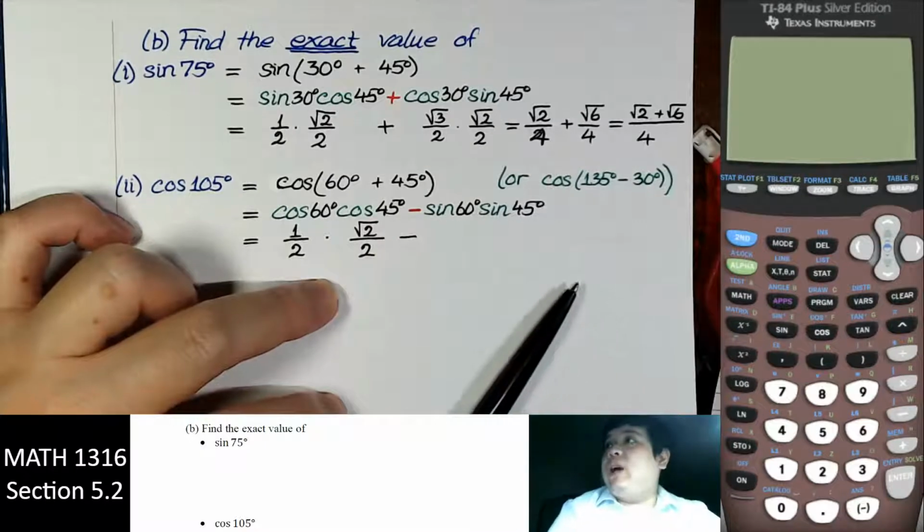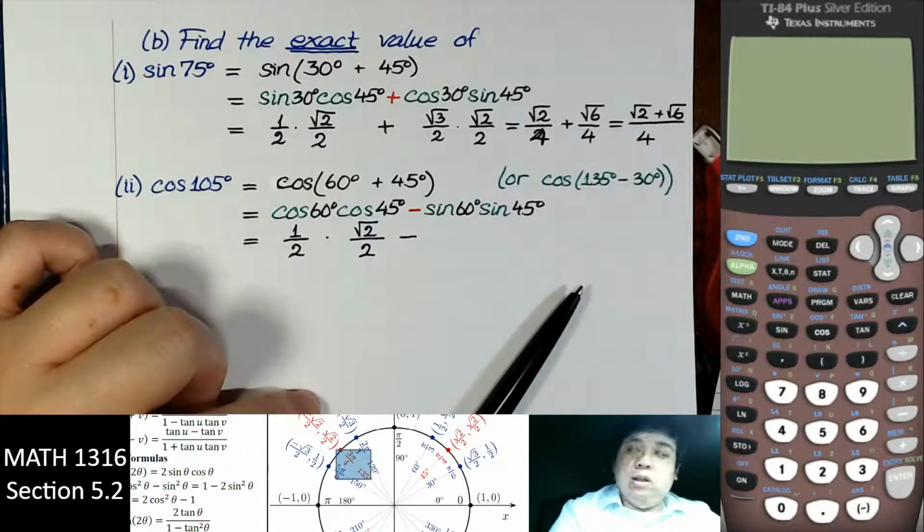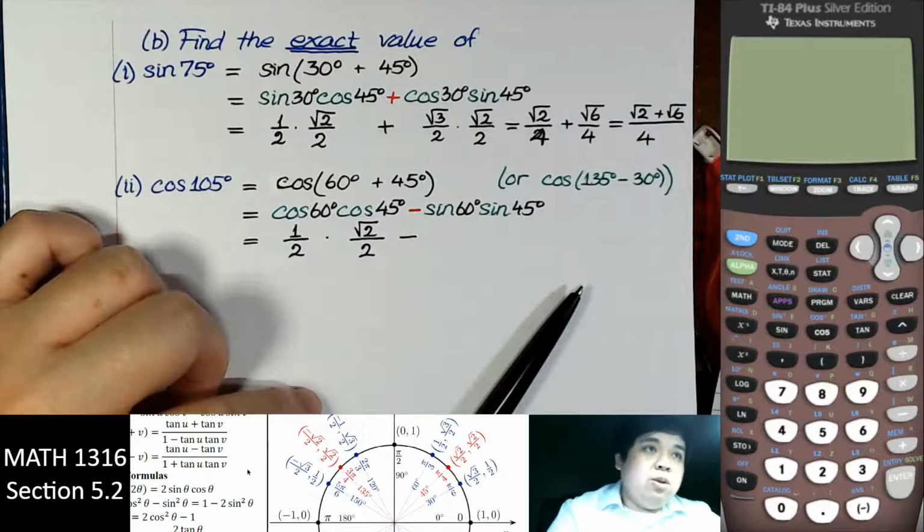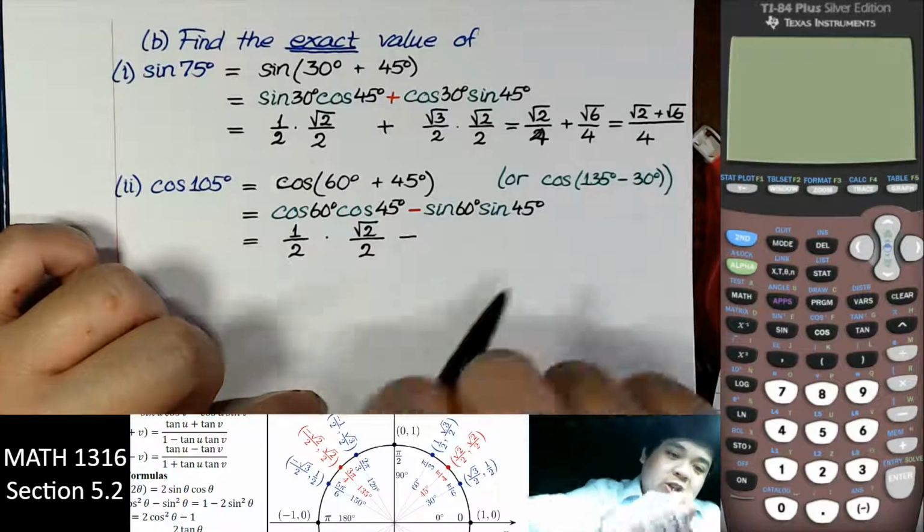Or we could use the unit circle. Sine of 60 degrees, sine is the y value, square root of 3 over 2.